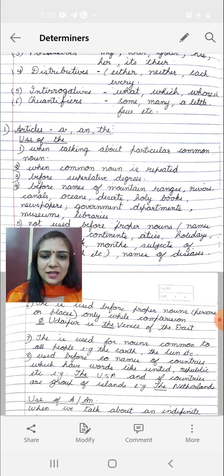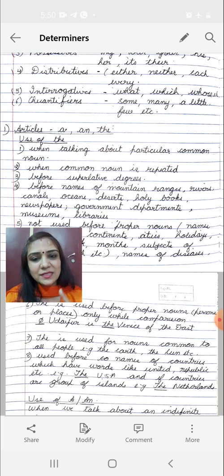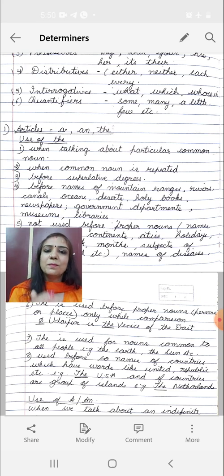Once there was a king. The king lived in a palace. Then in that case, I'm referring to the same king. That's why I'm using the article the. So whenever we are repeating that common noun, we use the article the before it. Then, of course, in the case of superlative degrees also, we use the article the. There are three degrees of comparison: good, better, best.